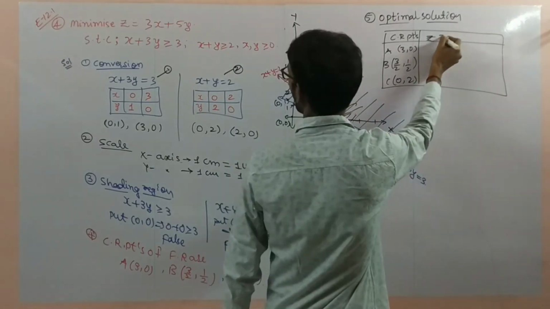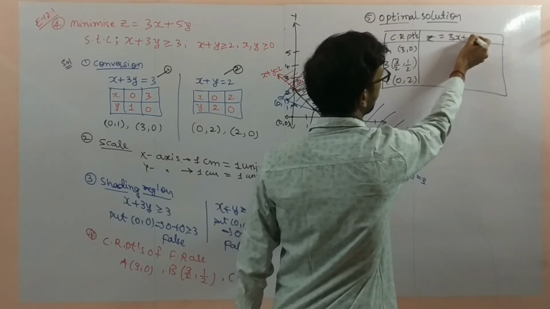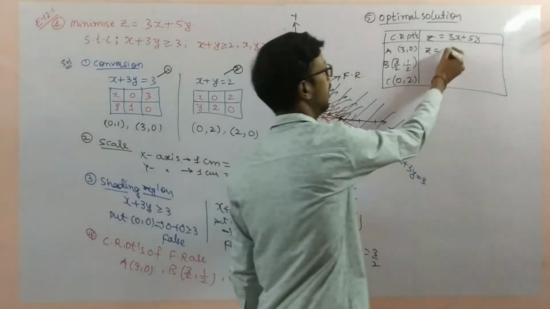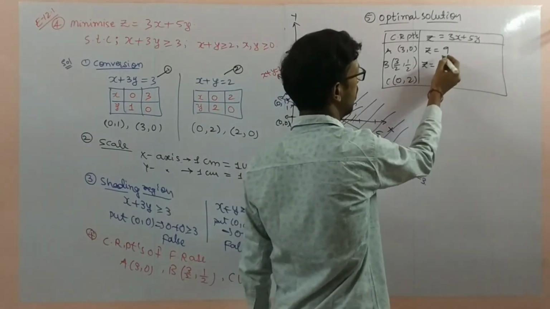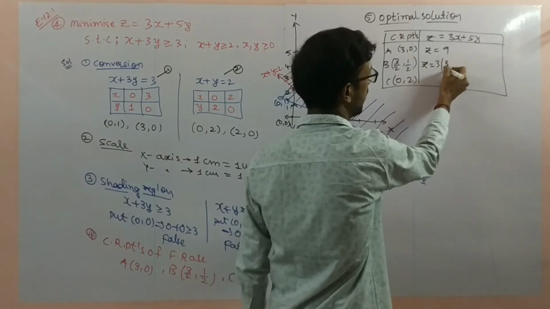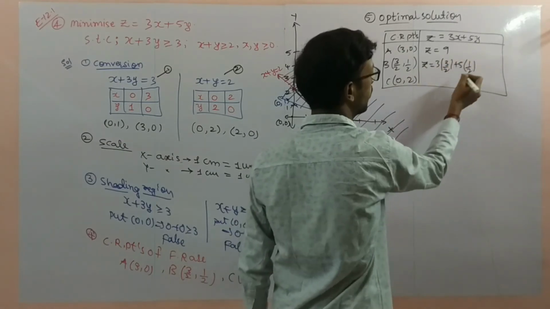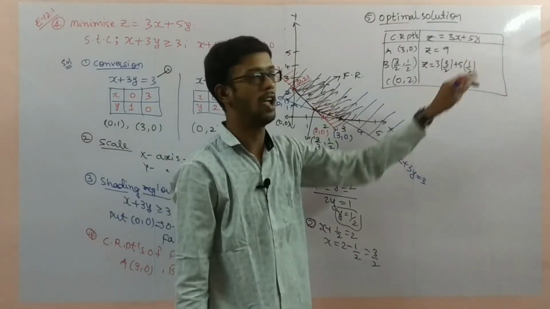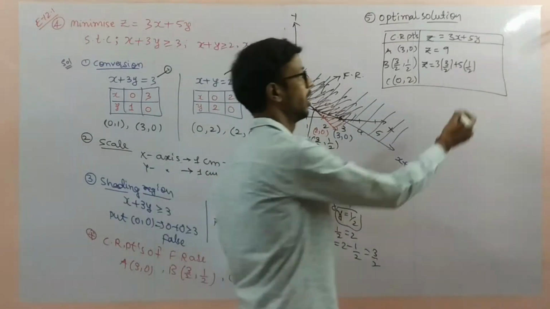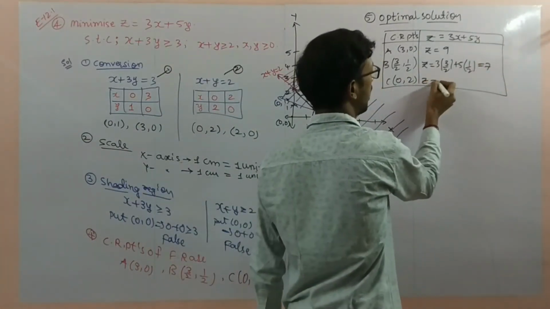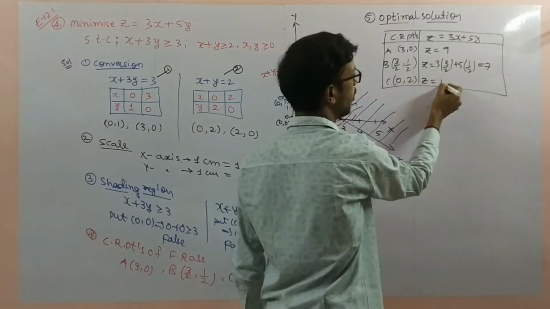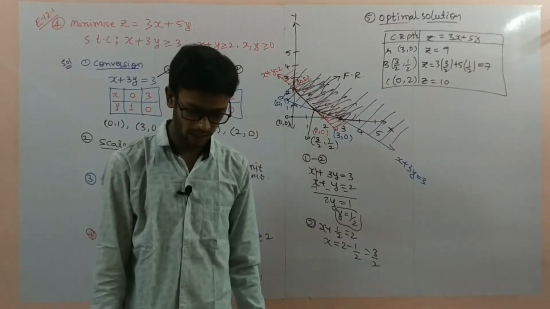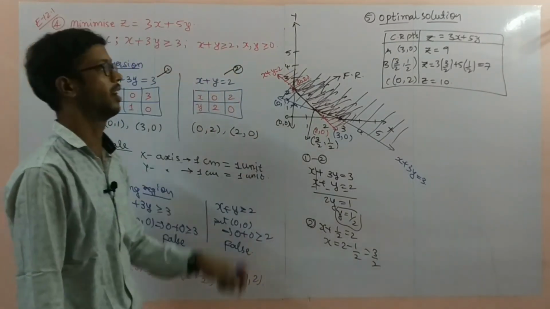Z is equal to 3x plus 5y. Substituting x value 3: 3 threes are 9. Next, Z is equal to 3 into 3 by 2 plus 5 into 1 by 2. Simplifying, 3 threes are 9 plus 5 is 14 by 2, that is 7. Next, x equal to 0, y equal to 2 gives 10. So what is the minimum value here? It is asking to minimize Z, so the minimum.